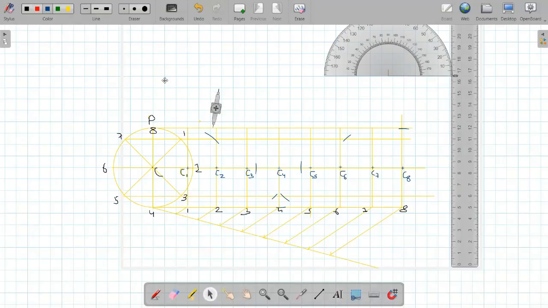Now we have to name these points as P1, P2, P3, P4, etc. So starting with the namings. This was P1. And this is P2. And this is P3 and P8.